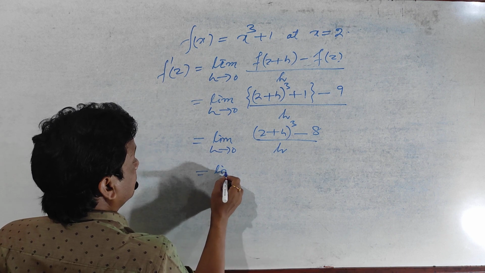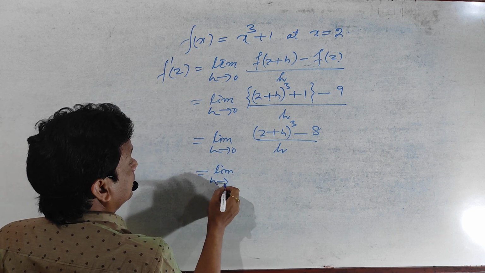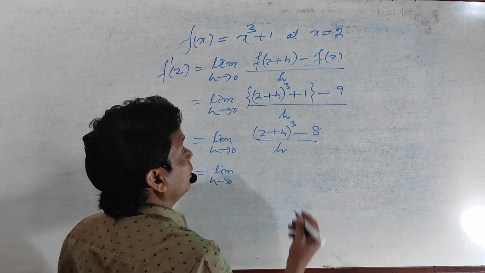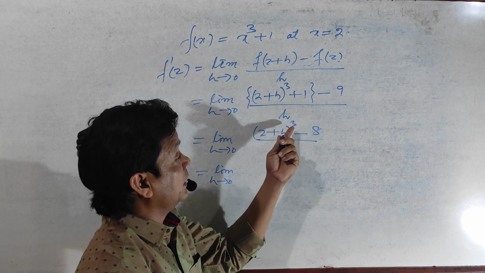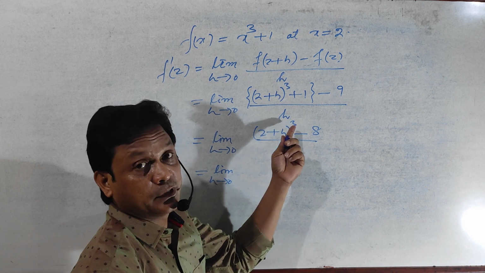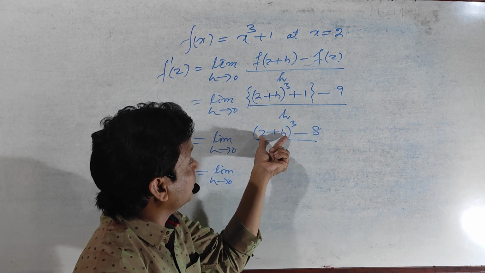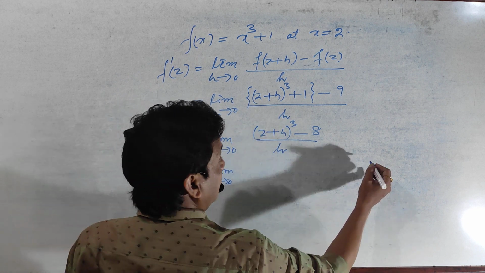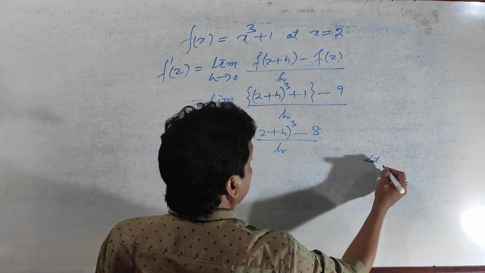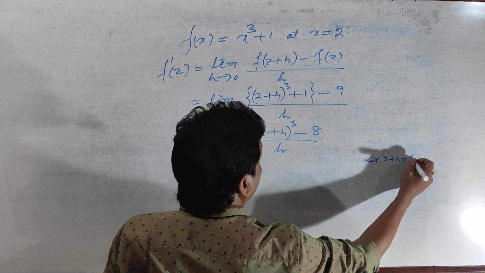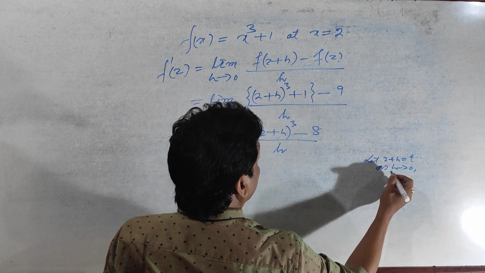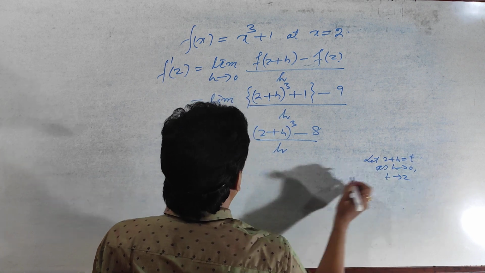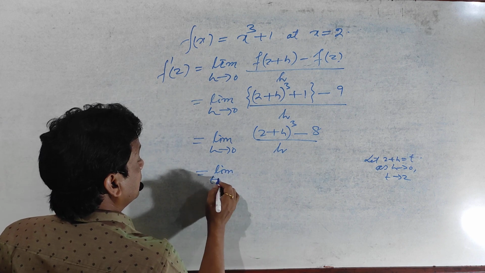So in this case, you can open the whole cube, or if the power is very high, 20, 30, 40 or a fraction, then you can take 2 plus h as t. So I am taking the same process, that 2 plus h is equal to t. So as h tends to 0, t tends to 2.